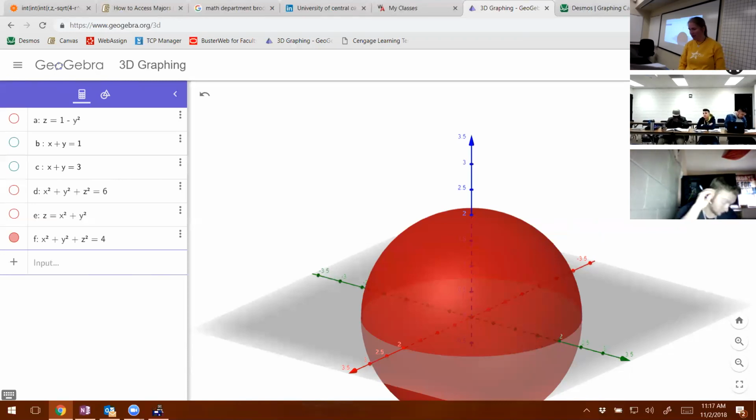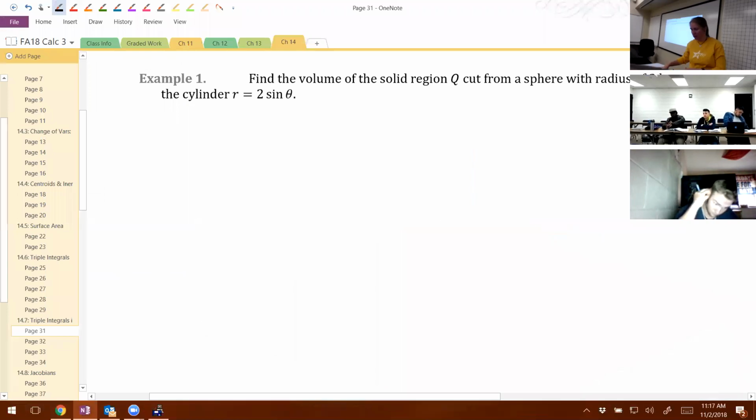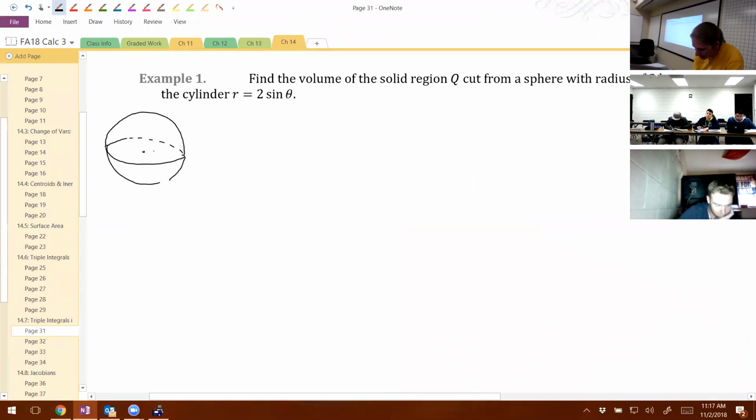I didn't think about not being able to get that to graph on that program. If I try to sketch it over here, let's see how this turns out. So here's my sphere. There's the origin. So our cylinder is going to be a circle that sits right over here and then just goes straight up.